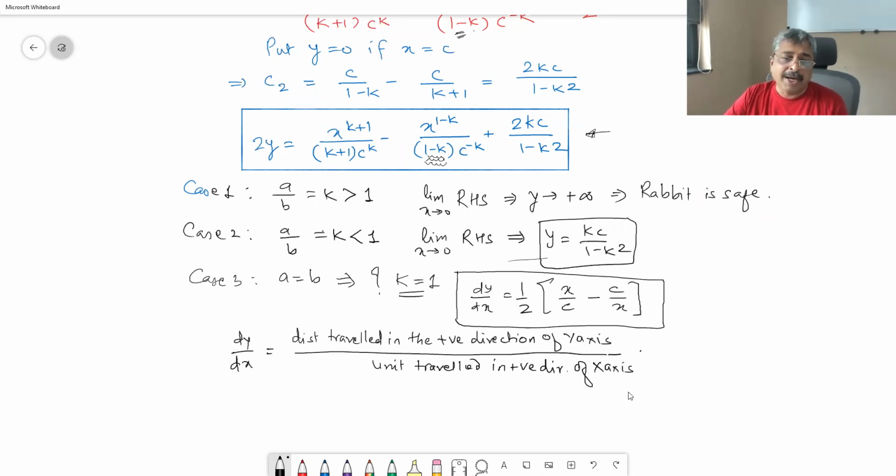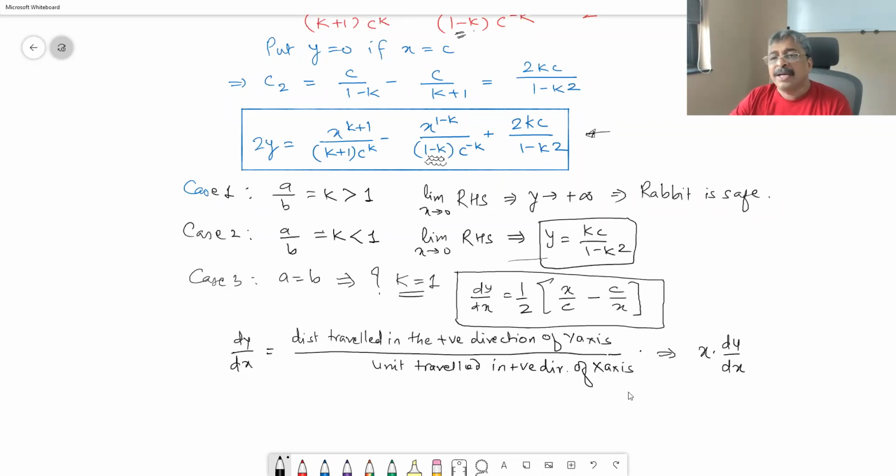So if I multiply by the distance traveled in the direction of the x-axis, what is the meaning of x into dy by dx? x is the distance traveled in the direction of the positive x-axis.